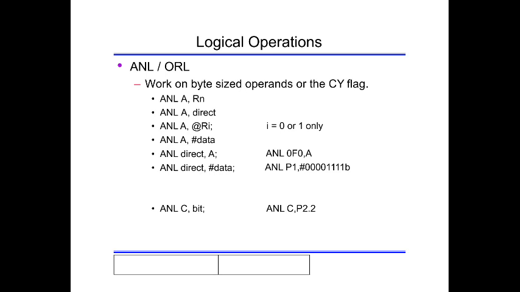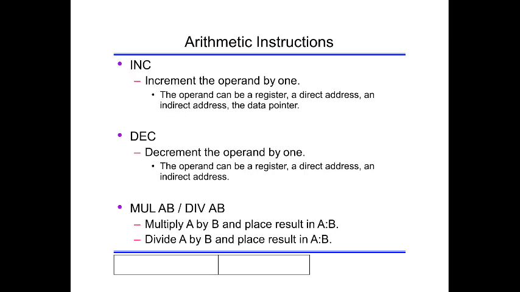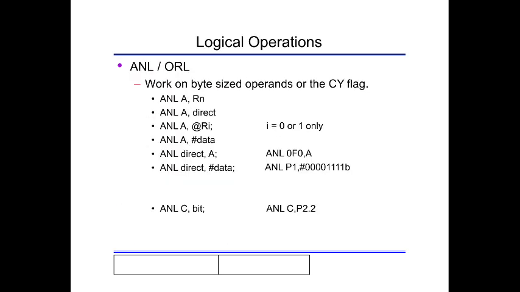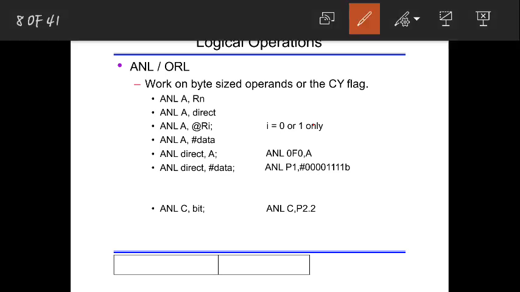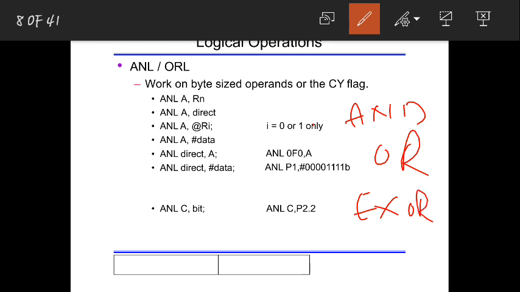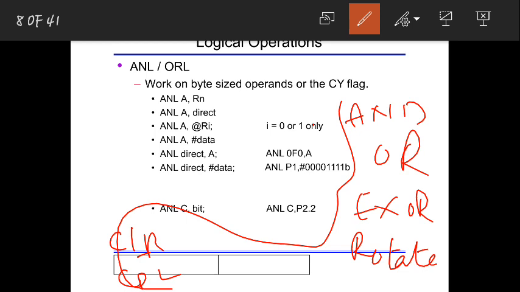So in logical you have AND, then you have OR operation, then XOR operation, then rotate operation, then clear operation, CLR, then CPL, complement. Generally all of these come under the logical operations.